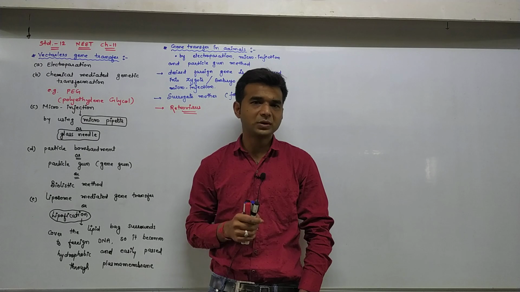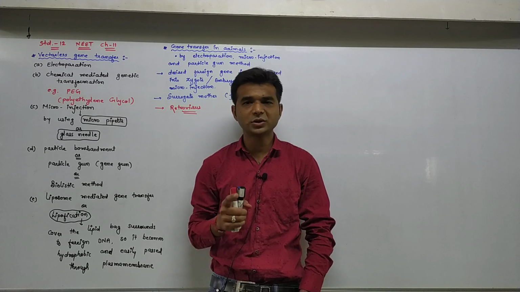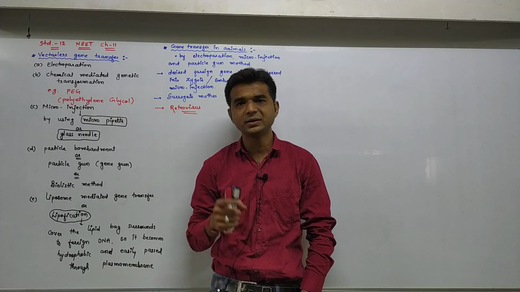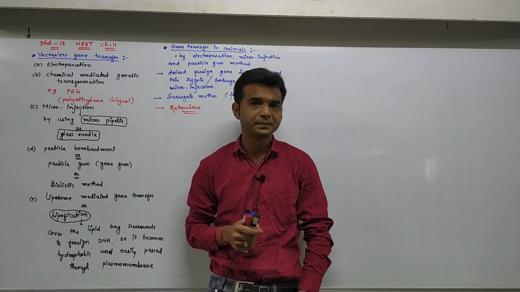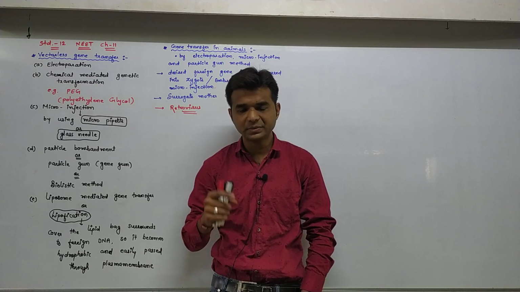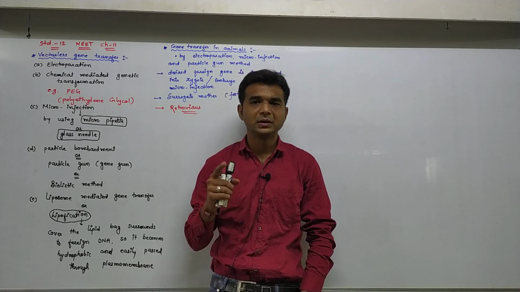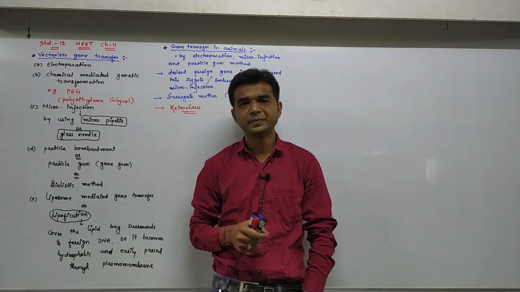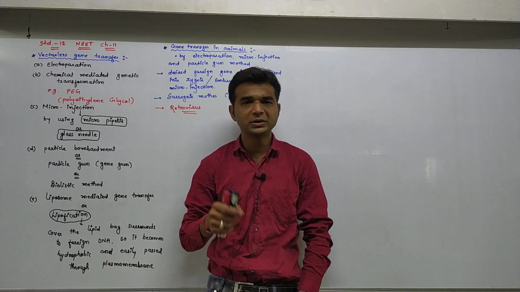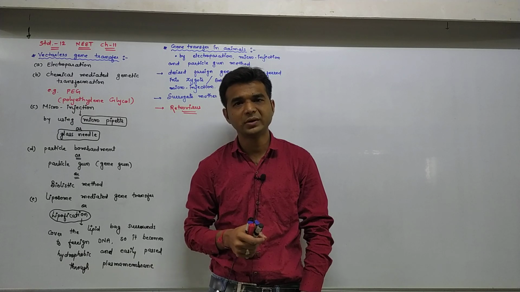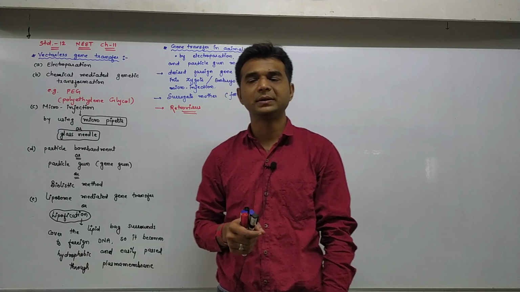Now the most important MCQ is that the most commonly used bioreactor is of stirring type, with pH control system, temperature control system, foam control system, sampling tank; all things are there in the stirring type bioreactor.